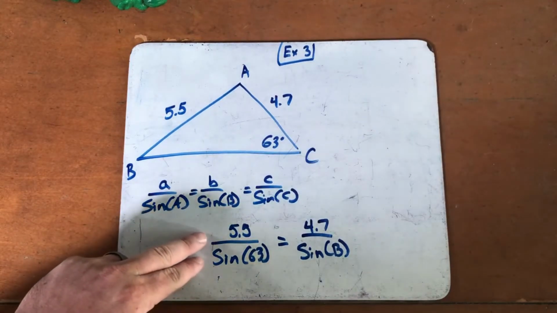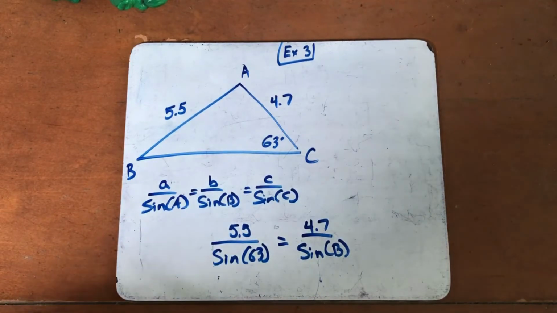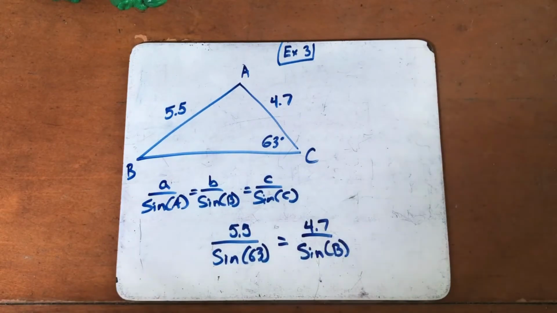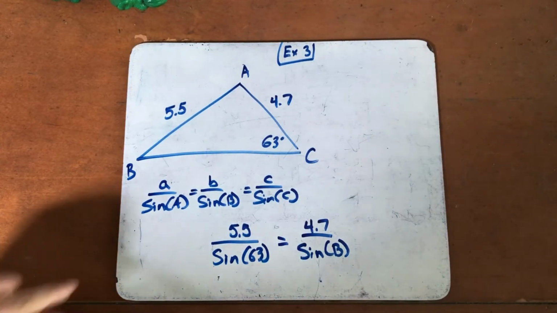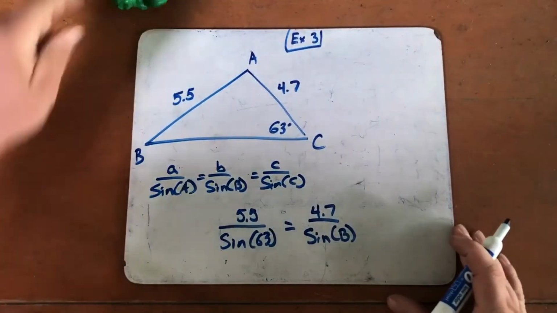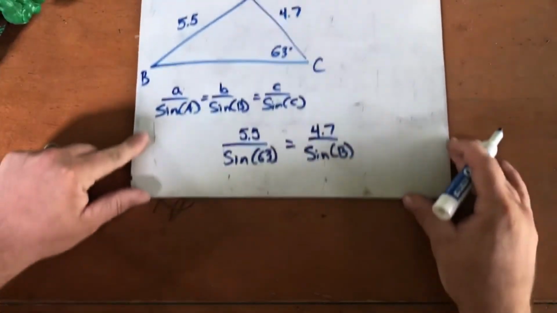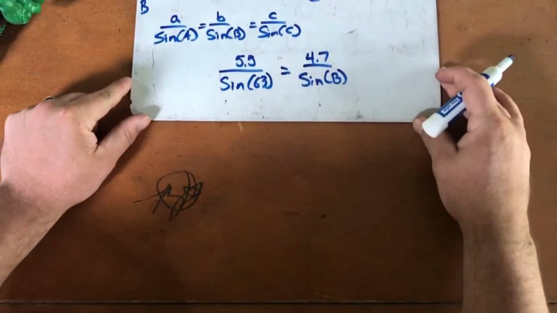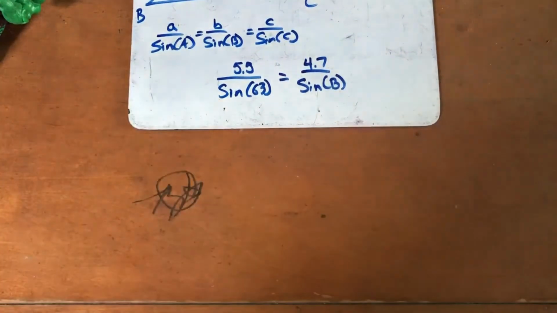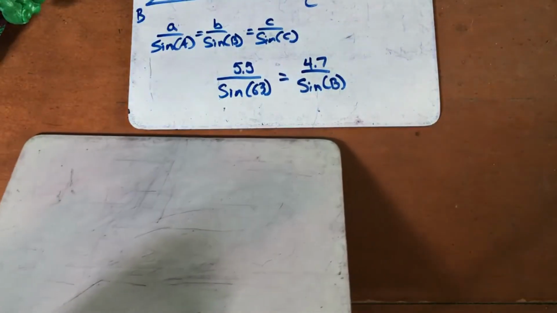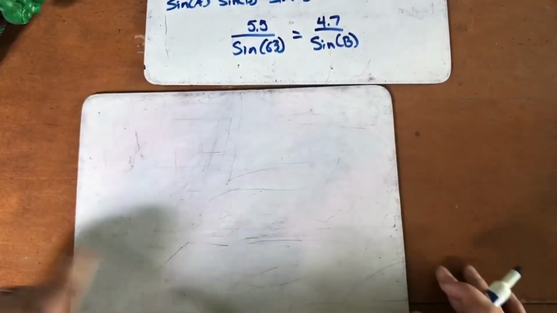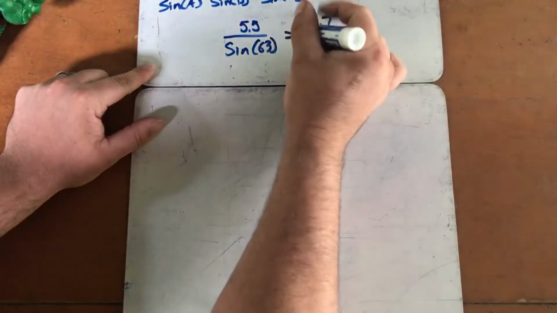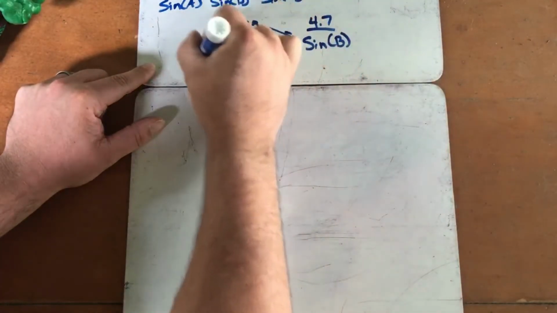So when I have it like this and I have the sine of B on the bottom over here, I'm going to cross multiply, okay? So when I cross multiply, I end up doing the sine of B times 5.5.